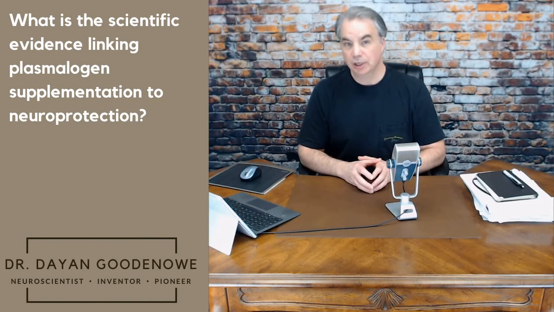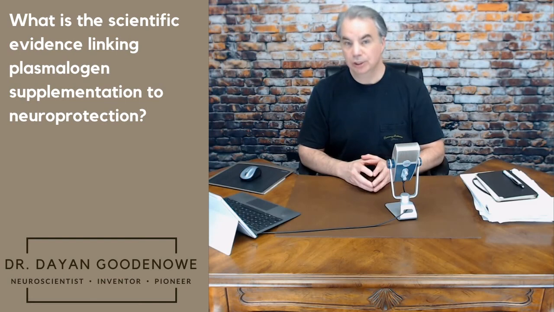We further studied plasmalogens as actually improving function in animals who have already experienced neurological decline. So in monkeys that have already been damaged with MPTP, so they have Parkinson's, if we treat those animals with plasmalogen precursors, we can improve the neurological function in these animals.